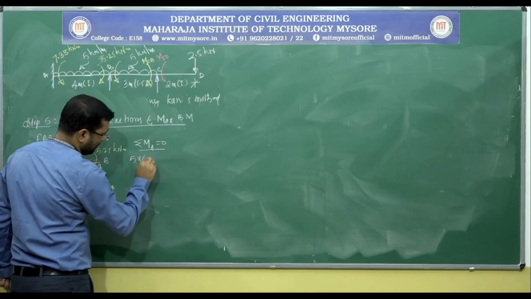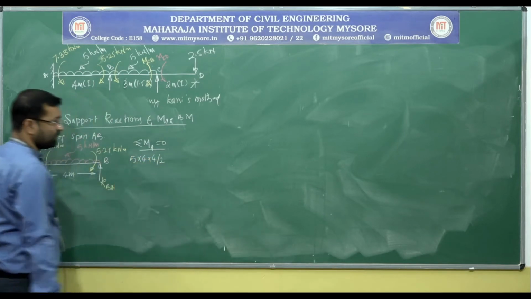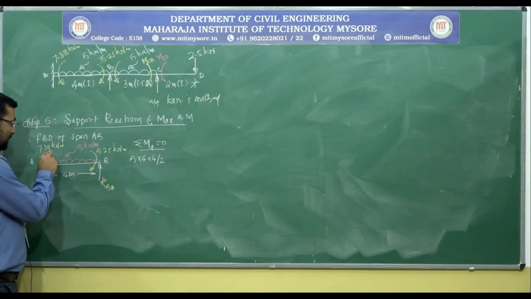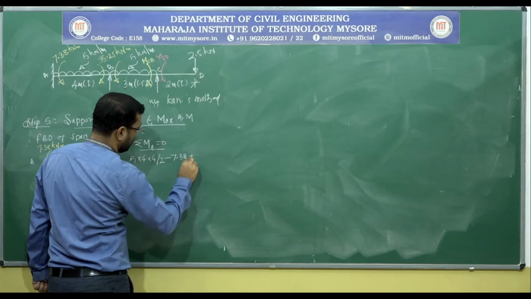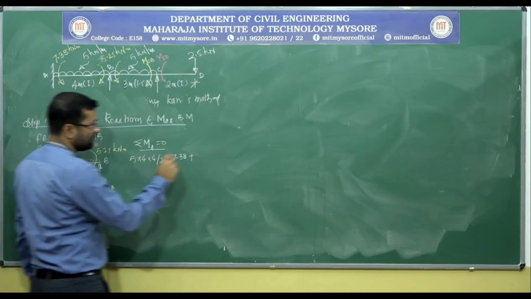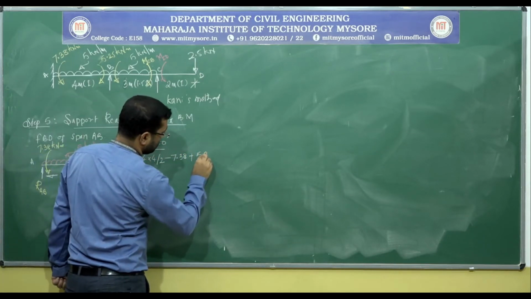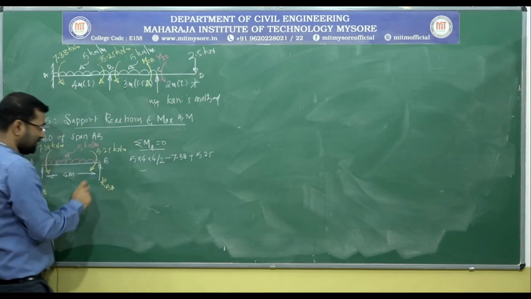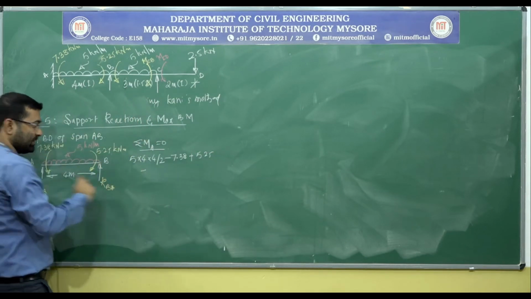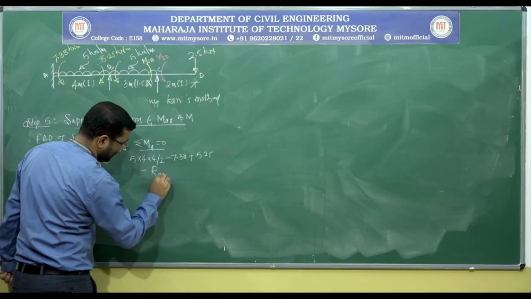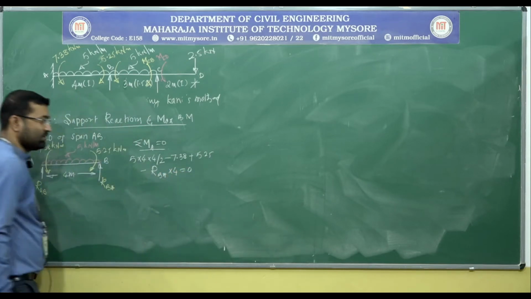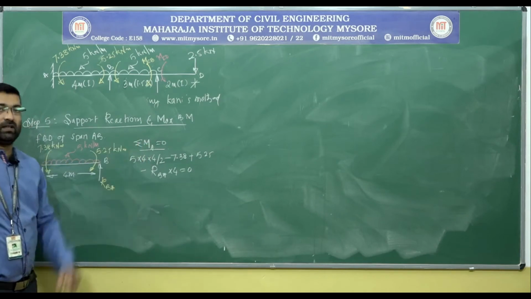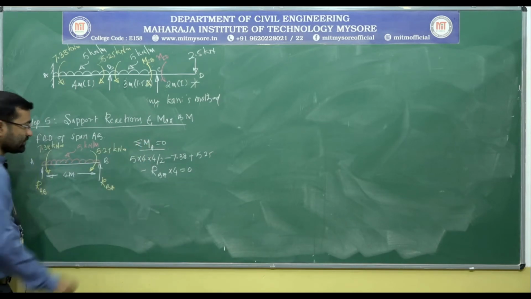So it is 5 into 4 into acting at a distance of 4 by 2. Then we have an anti-clockwise moment, so minus 7.38, plus we have a 5.25 clockwise moment, minus this reacting force is creating an anti-clockwise moment. So RBA into its perpendicular distance is 4, equating the entire equation to 0.